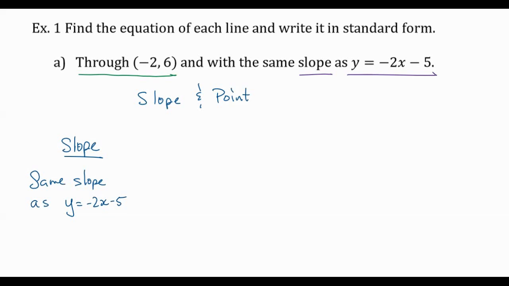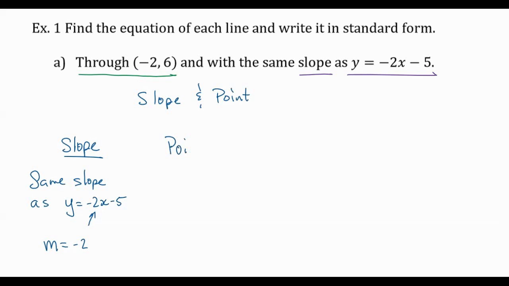Does that have anything to do with the line we care about? It does not. So you're right. This is the y-intercept of this line, but we don't care about that. All we're told is the line we're looking for has the same slope as this line. And the slope of this line is -2. It's right there. Which means the slope of the line that we want is also -2 because it's the same. See how this works?